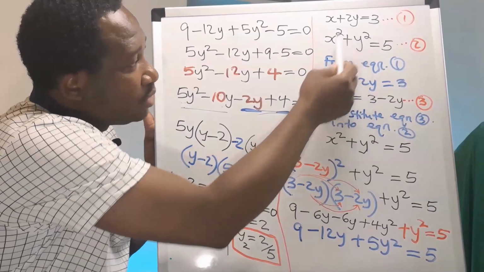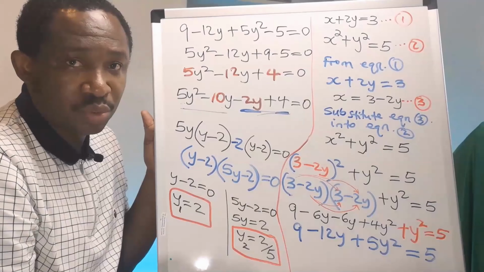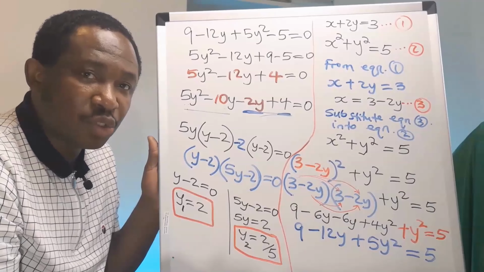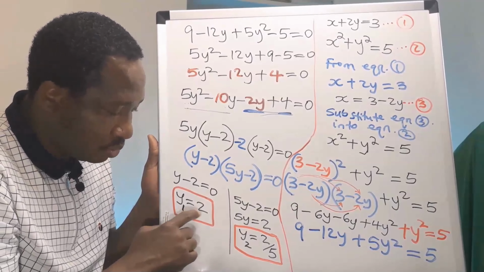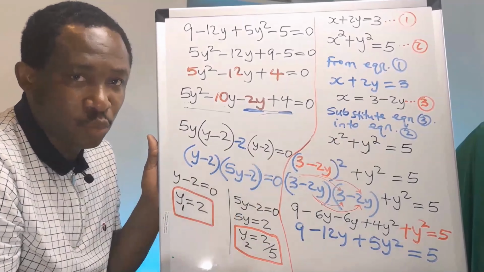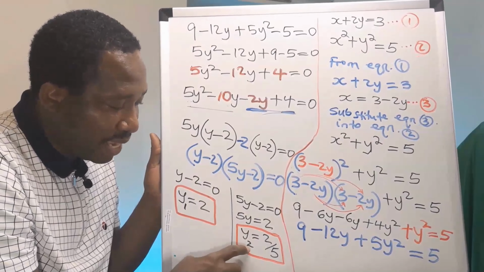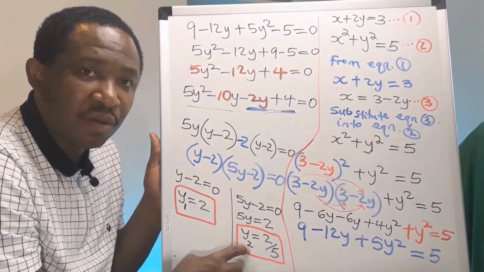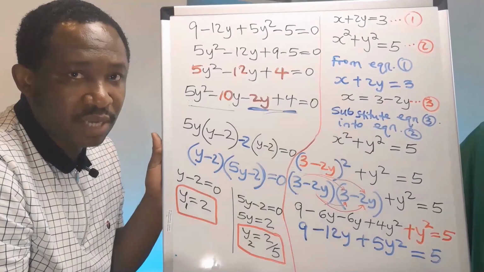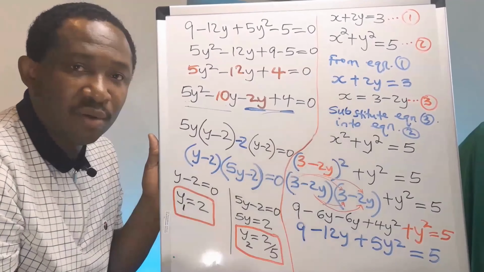Remember, the question has a squared in equation 2, so we are going to have 2 answers. Next, I will substitute y equals 2 into equation 3 to get x1 for y1. Afterwards, I will substitute y equals 2 over 5 for y2 to get another answer for x2. That means, as I've obtained 2 answers for y, I will get 2 answers for x.